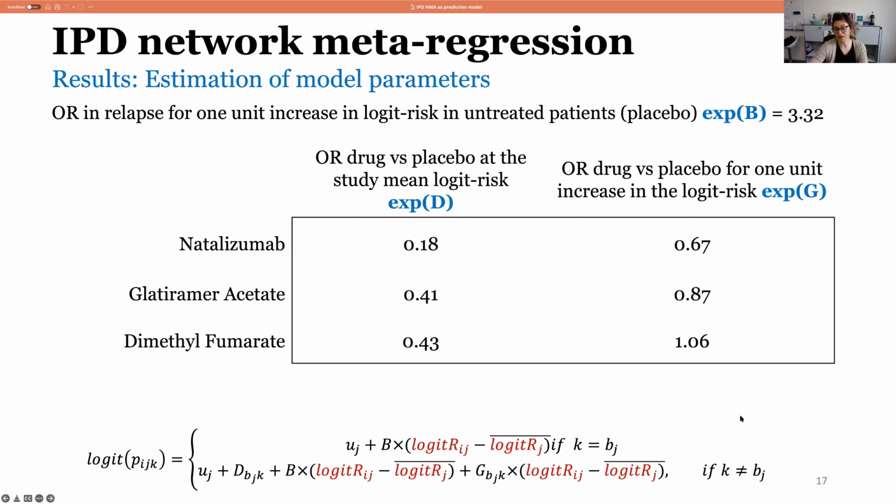In the next column, you see the odds ratio for a drug versus placebo for 1 unit of increase in the logit risk, that is, the exponent of the coefficient of the effect of the baseline risk as effect modifier. And for beta, which is the odds ratio of relapse for 1 unit of increase in logit risk in untreated or placebo patients, it is 3.32.